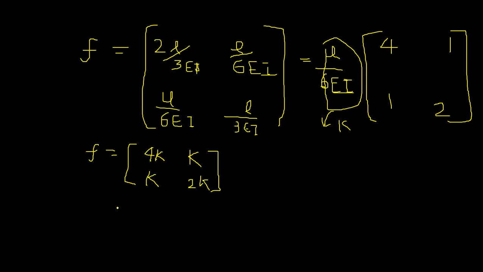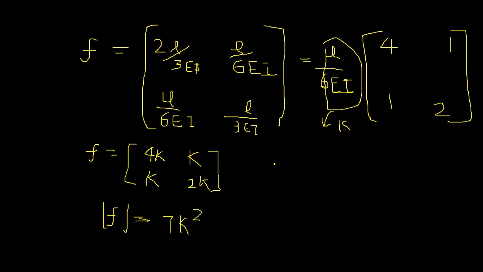So the determinant is main diagonal minus subdiagonal. 4K into 2K, 8K squared minus K squared. So it's 7K squared.